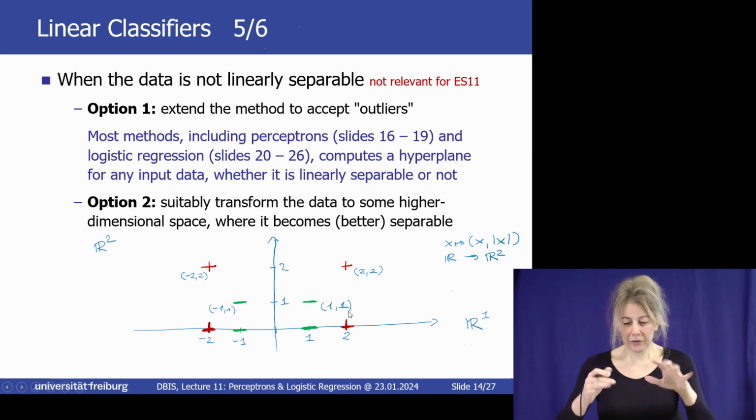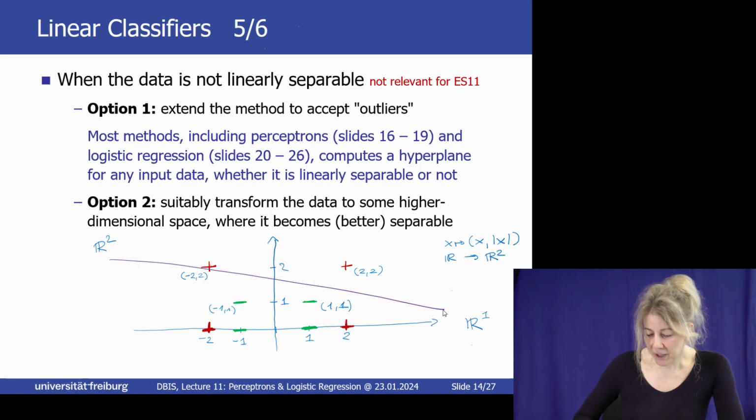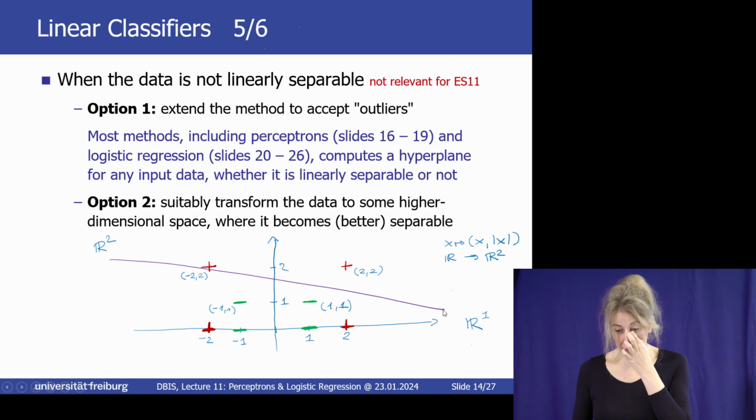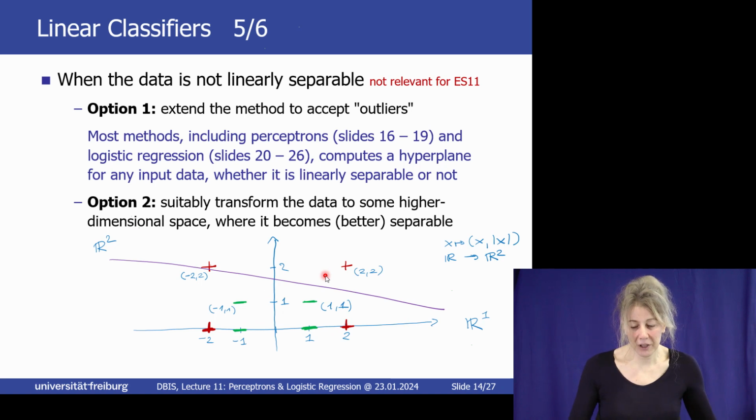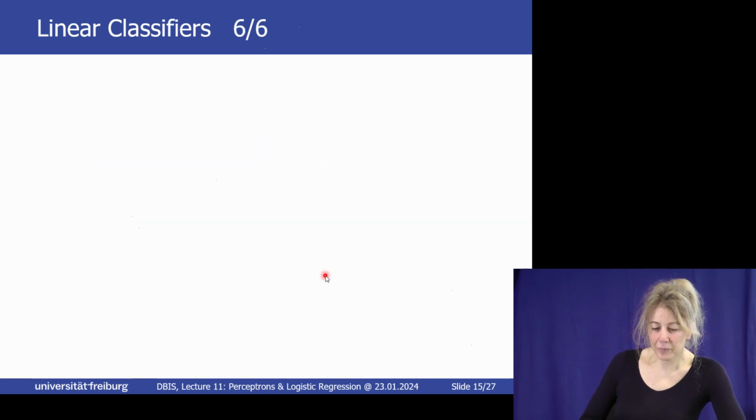I've just lifted them one dimension higher, and now I could, for example, there are many, and you also see there's not just one hyperplane. These points here, I could not linearly separate, these I can linearly separate. Nice trick. So you can always linearly separate by lifting to a higher dimension.